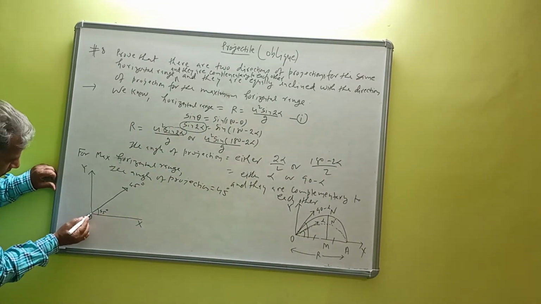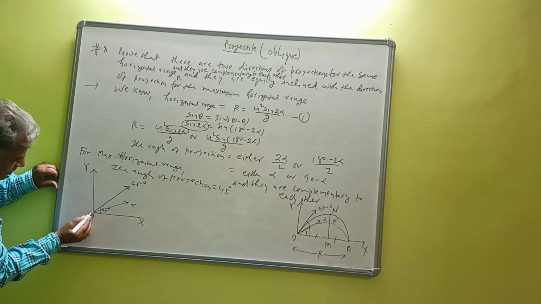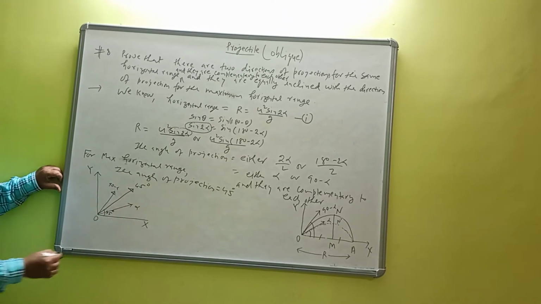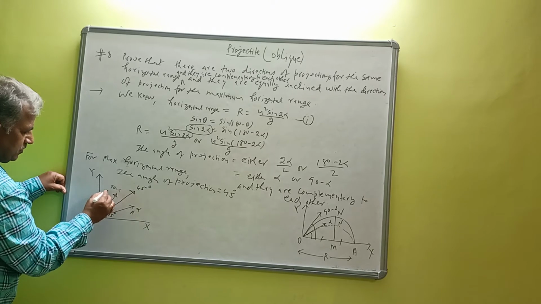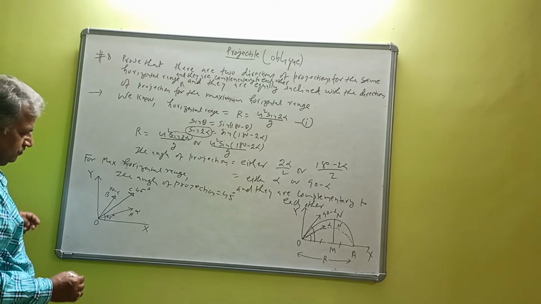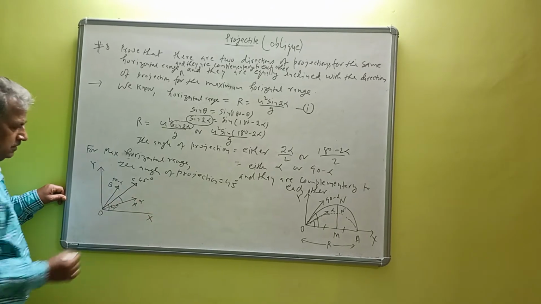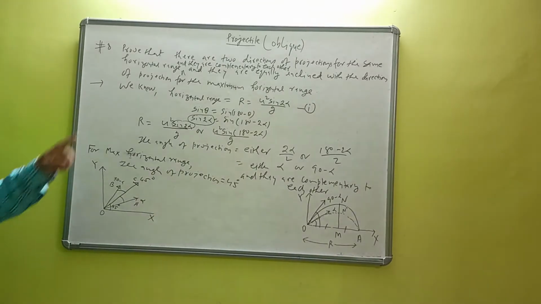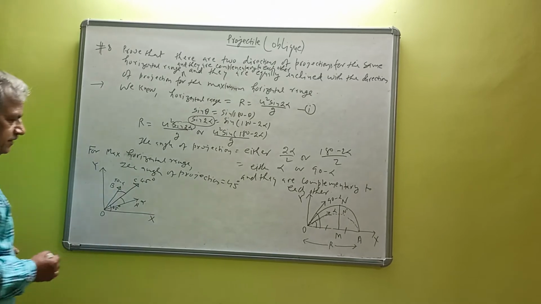Suppose this is the direction of alpha, and suppose this is the direction of 90 minus alpha, and this is OA, this is OB, this is OC. Now we have to prove that angle AOC, which is this angle, and angle BOC, this angle, are the same. That we have to prove. And this is the direction for the maximum horizontal range.